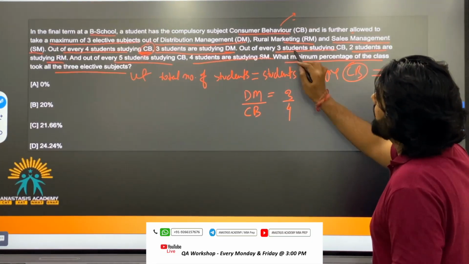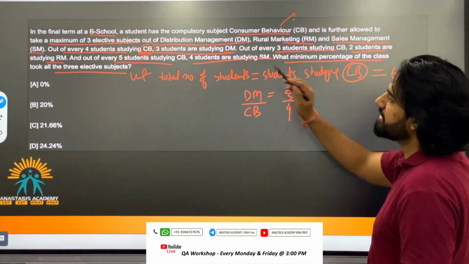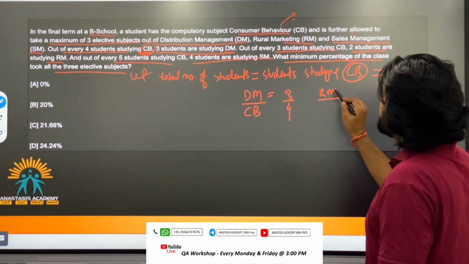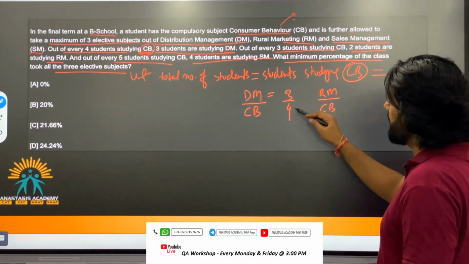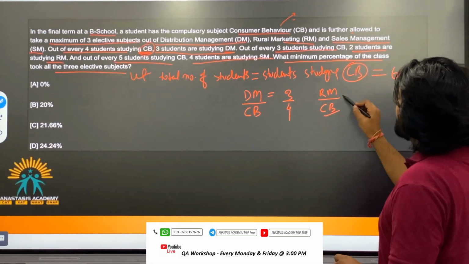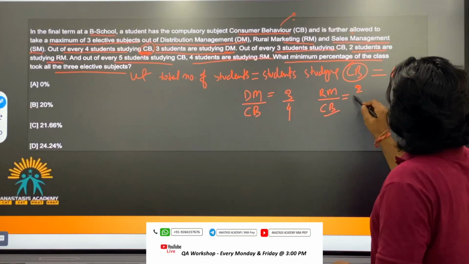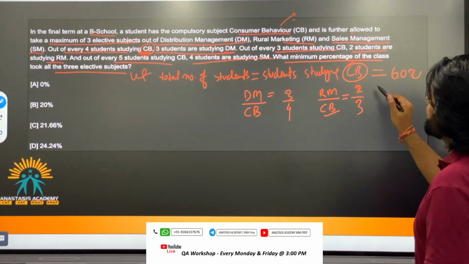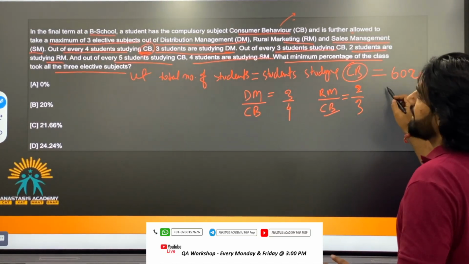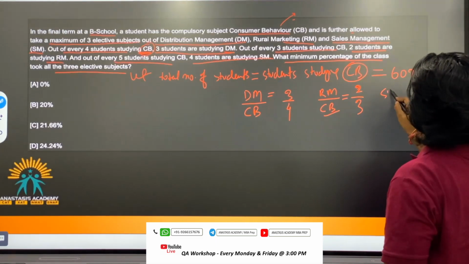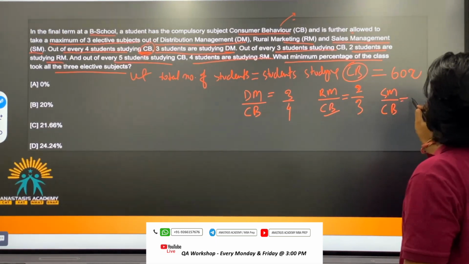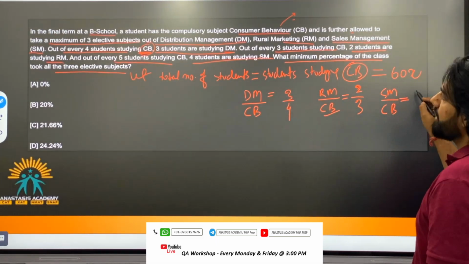Out of every 3 students, 2 students are studying RM, so RM out of CV is given as 2:3. And the third one, out of every 5 students, 4 are studying SM. So SM out of CV would be 4/5.